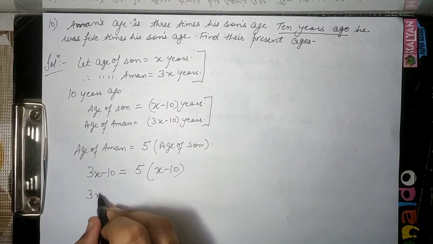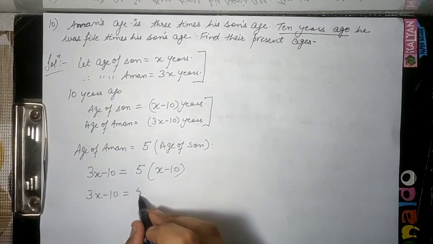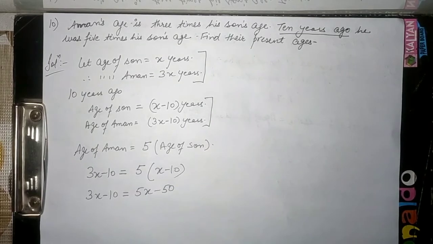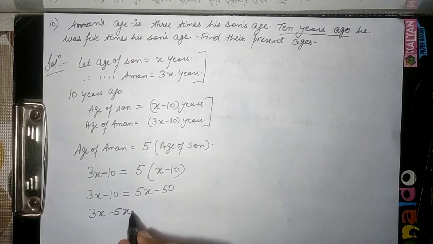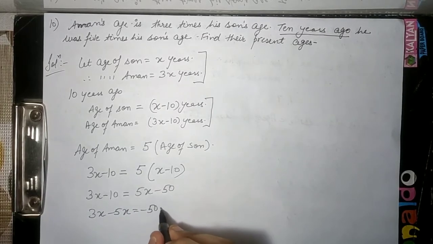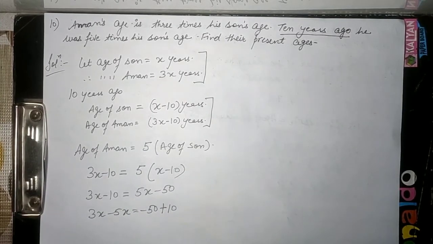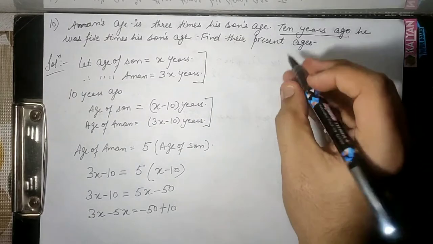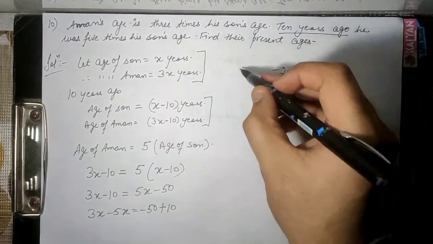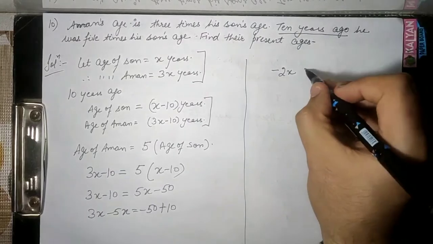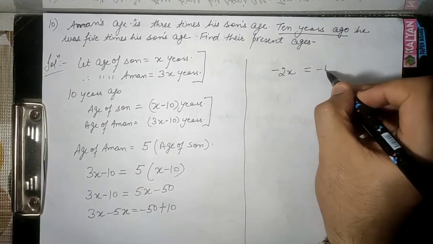So simplify it. 3x minus 10 is equal to 5x minus 50. We will take 5x to the left hand side and this minus 10 will come to right hand side. So this will be equal to 3x minus 5x, minus 2x, and minus 50 plus 10, minus 40.